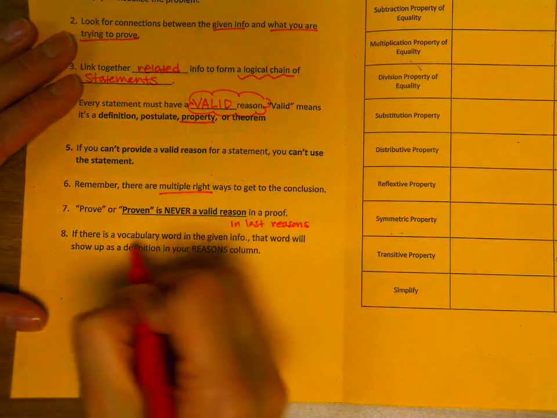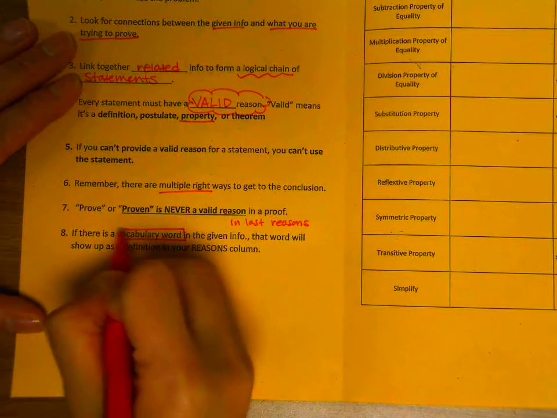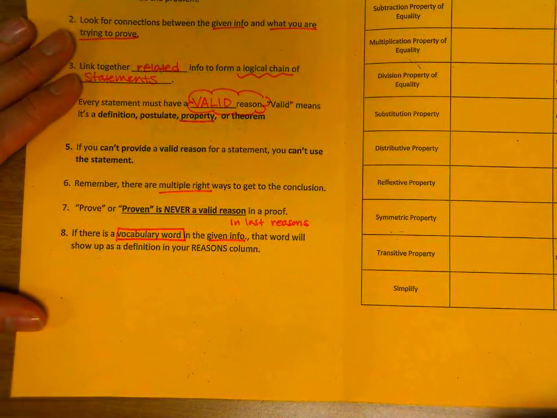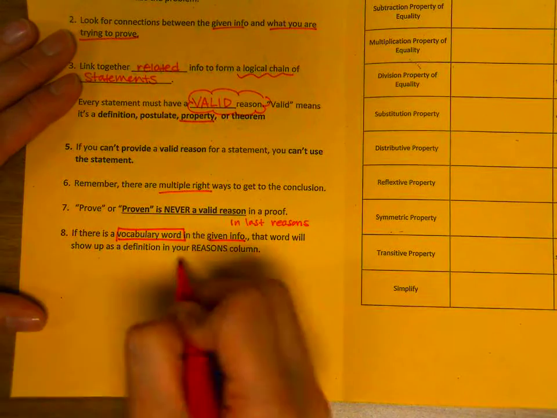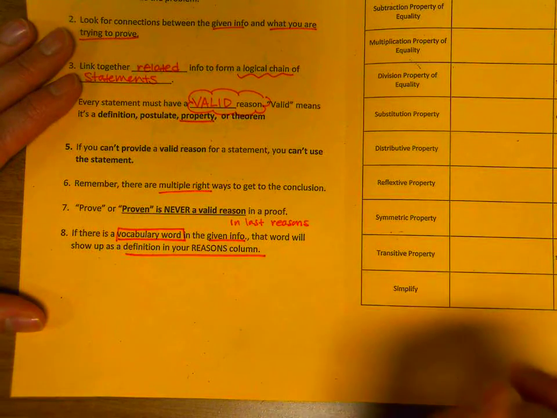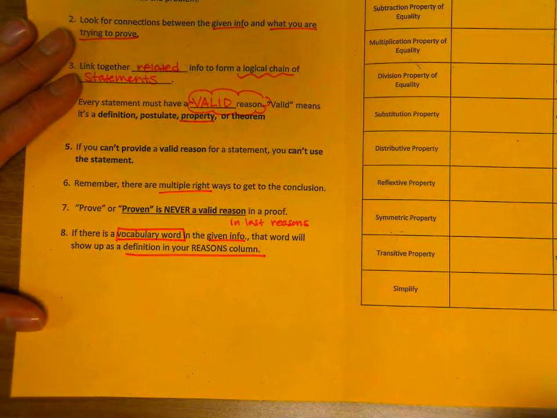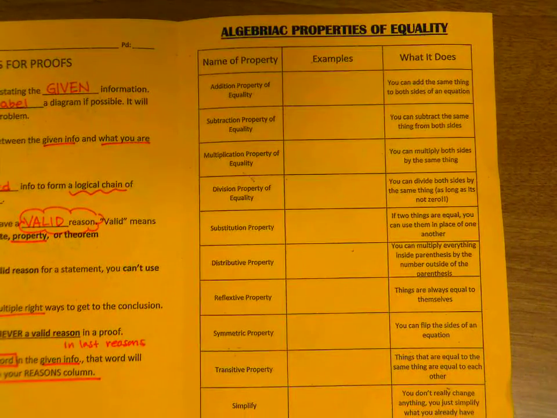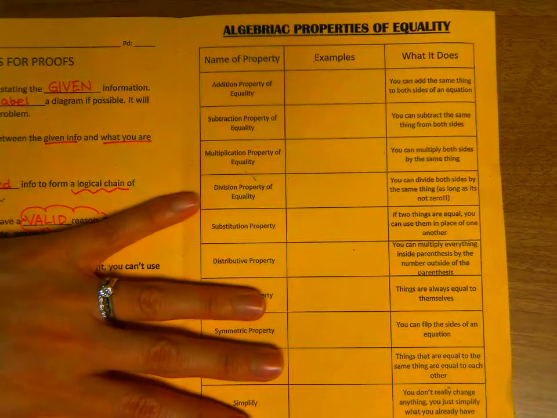Sometimes there is a vocabulary word in the given information, and that word will be shown as a definition in your reason column. So this is a clue. Whenever you see a vocabulary word in the given information, the next reason, the second reason, will be the definition of that vocabulary. But we're going to move on to the algebraic properties.